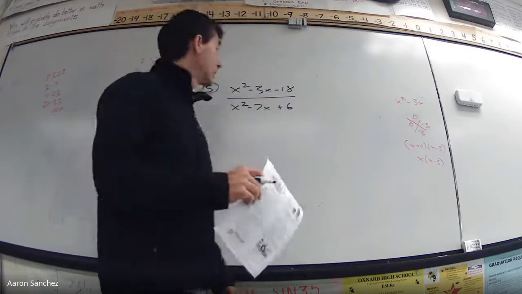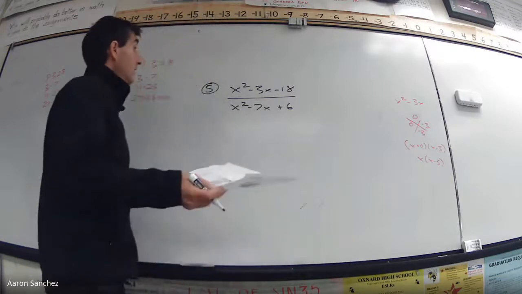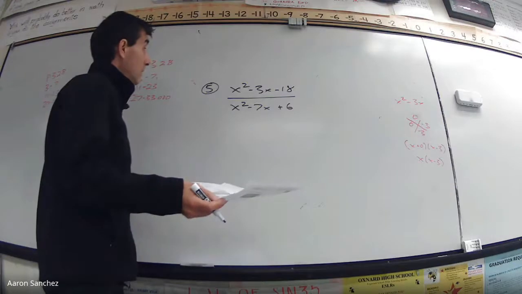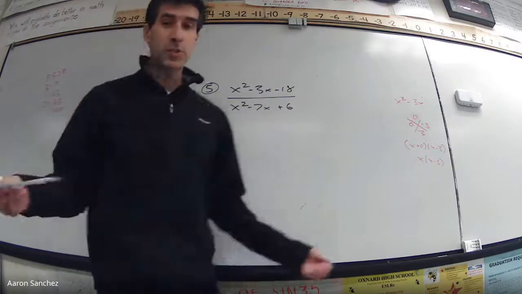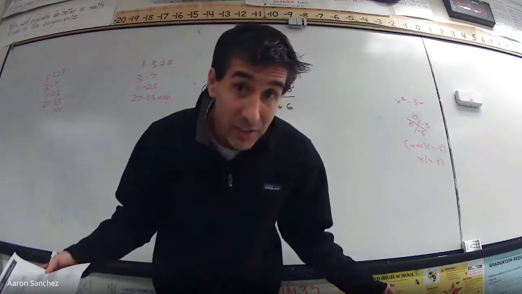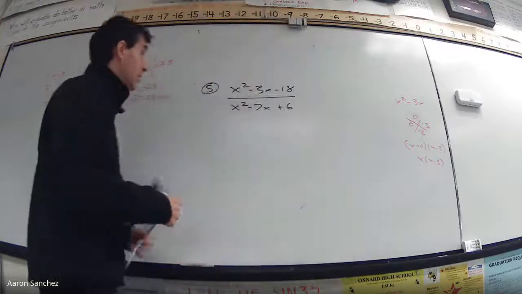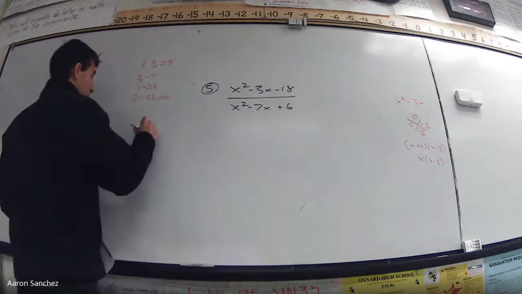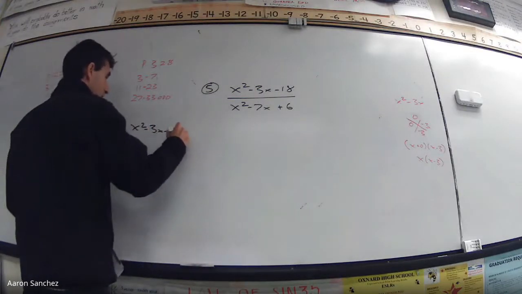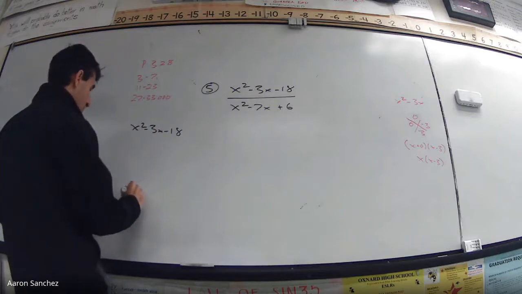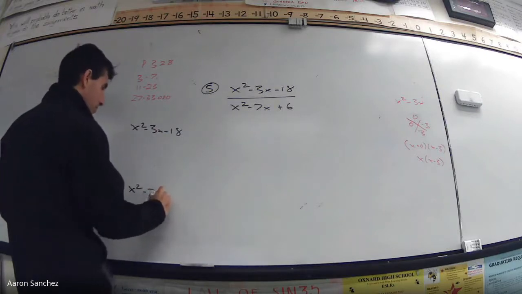Okay? So what we do is we just factor, then cross out. You guys remember how to factor this? Let's do x squared minus 3x minus 18 first, and then we'll do x squared minus 7x plus 6.